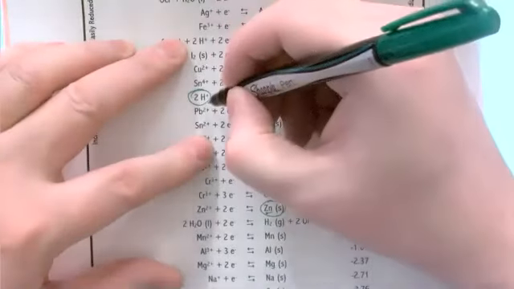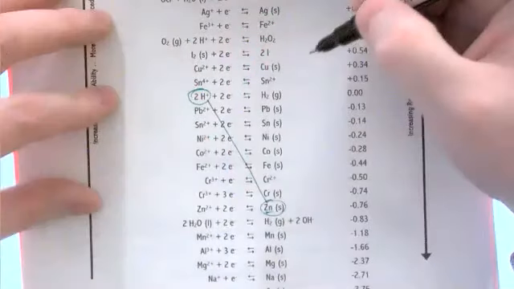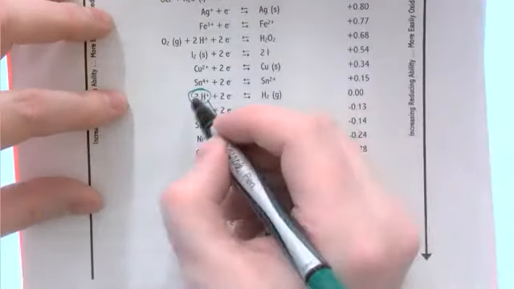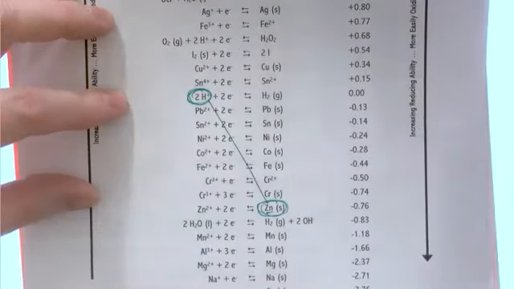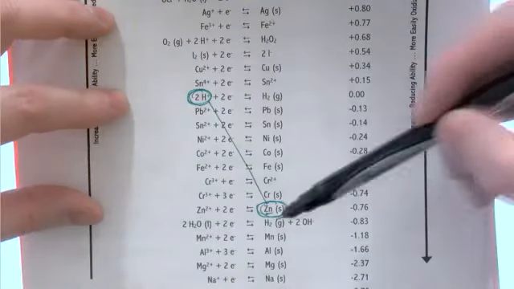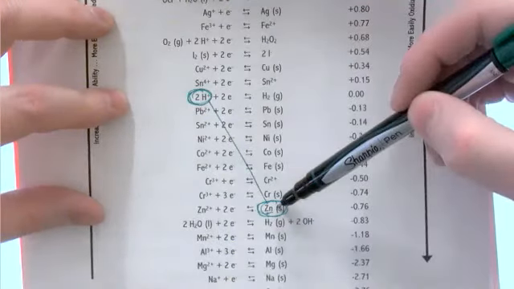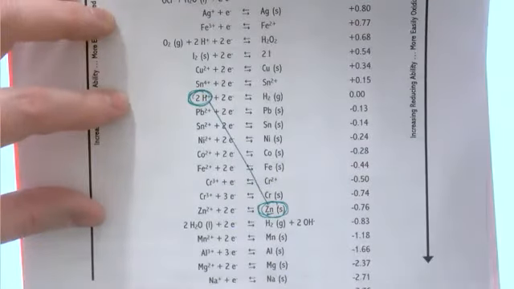Now, we have just established, connect those two things you circled. We have just established a pattern on this table, a pattern that we can now use as a shortcut. I know from experience that this reaction, zinc metal with hydrogen ions, is spontaneous. It reacts. It has a huge Kc value.